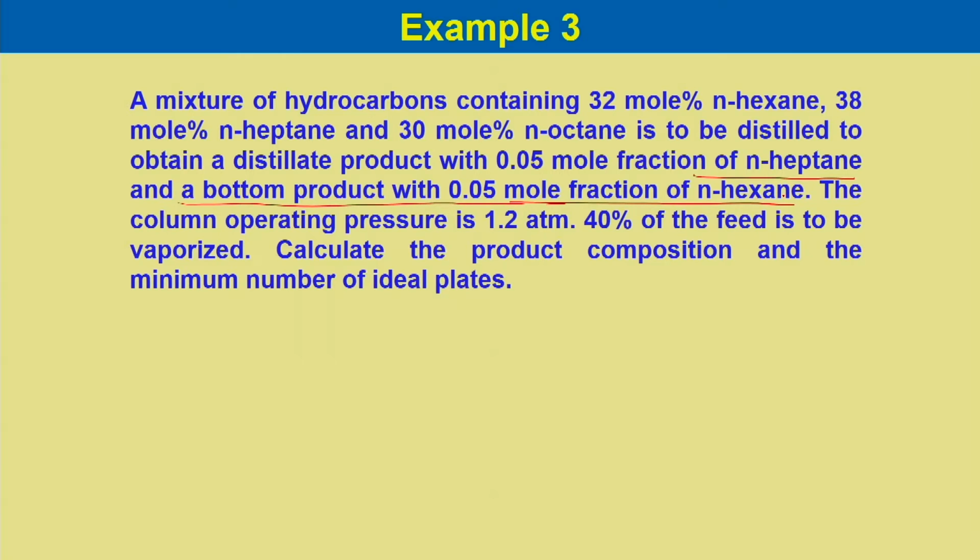The column is operating at 1.2 atmosphere pressure. 40% of the feed is to be vaporized. Now, we need to calculate the product composition and the minimum number of ideal plates.